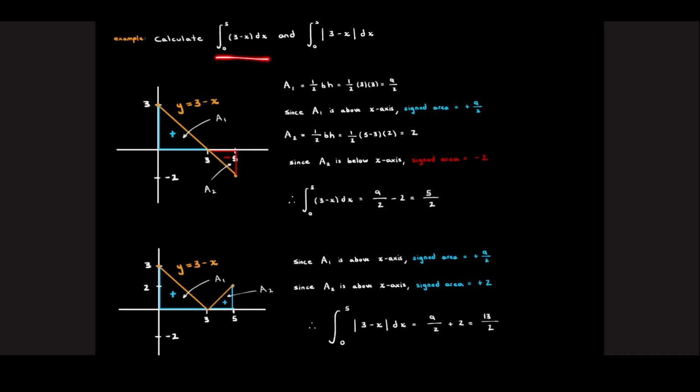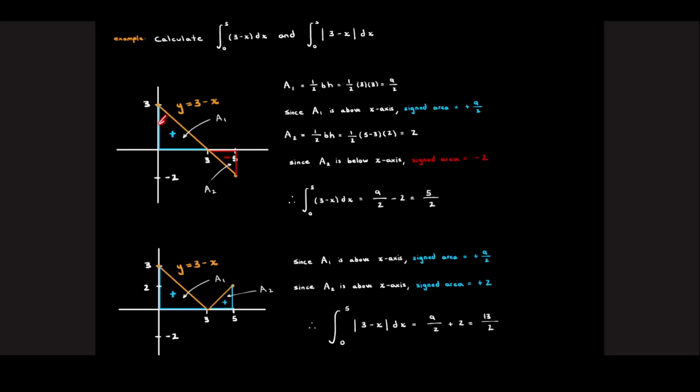And so the definite integral of this function just represents the signed area under this region. This area will contribute positively, and this area will contribute negatively to the value of this definite integral. Since this region is very simple, we can use geometry to figure out A1 and A2, where A1 and A2 are the areas of these two regions.